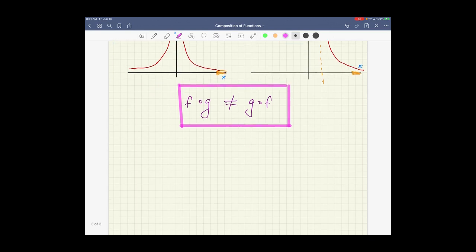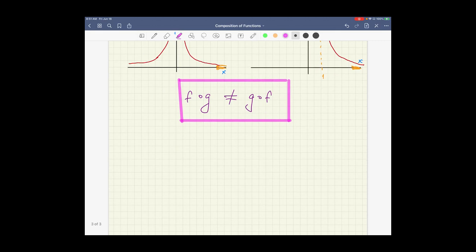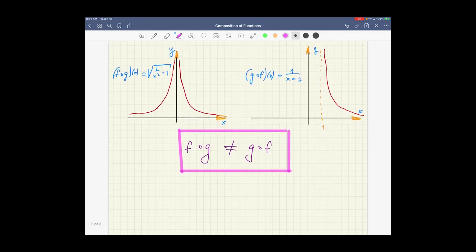Also, there's another comment to make here. It would be incorrect to say that g composed with f is simply 1 over x minus 1, because the graph of 1 over x minus 1 doesn't look like this. It will have the other branch when x is less than 1.